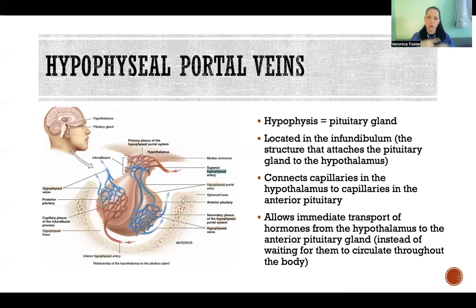So rather than wait for those hormones to go into full circulation and wander their way back through the bloodstream, there's just a direct connection right here so that the pituitary gland is the first to know that those hormones were secreted. So there's an immediate effect, and then they continue on in circulation. That blood then gets carried back to the heart, so that it can be reoxygenated and recirculated.